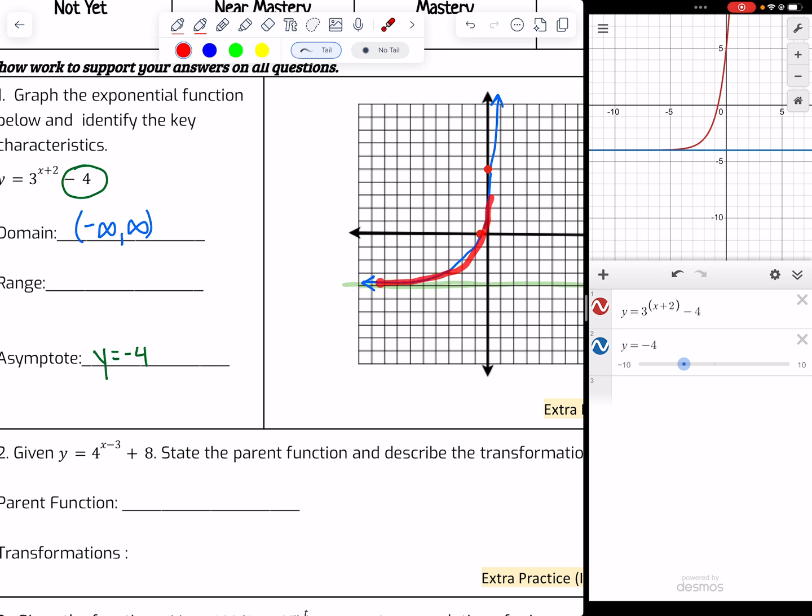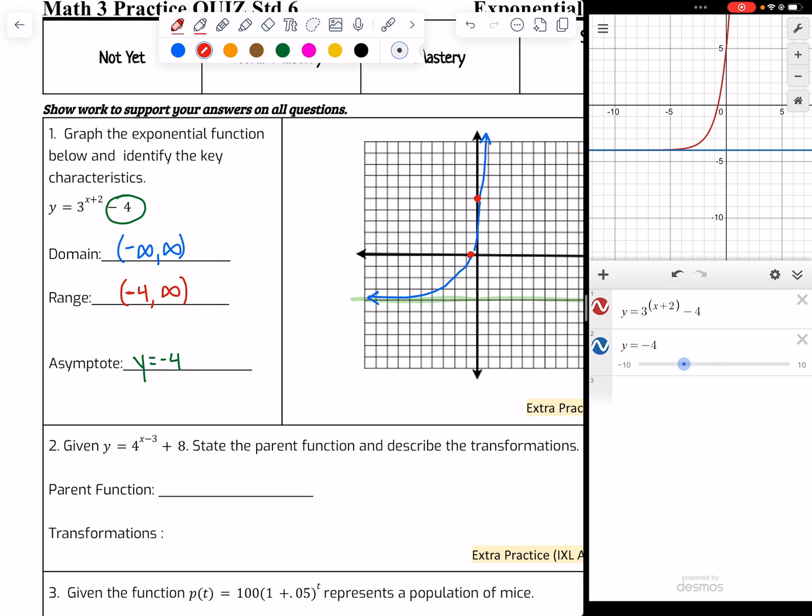So I can tell that the y values will go down, but not past the value of negative 4, because that's where my asymptote is located. So I can put negative 4, but with a parentheses, because it won't ever equal that value. And then I can tell my graph is going up forever. So that's going to be negative 4 to positive infinity for the range.